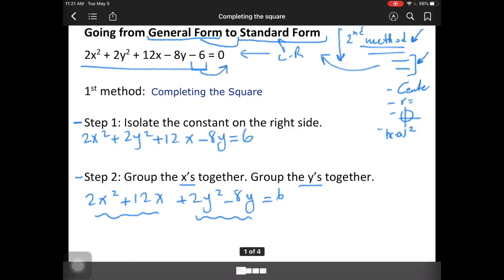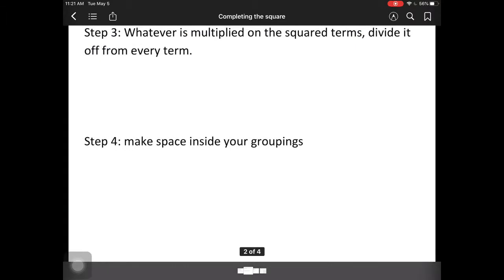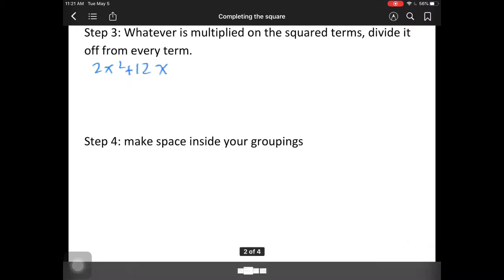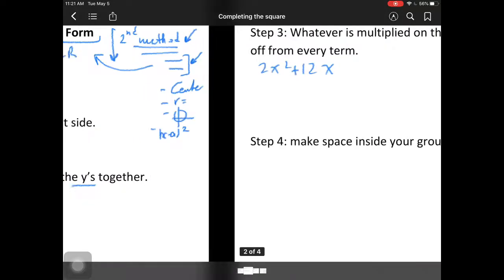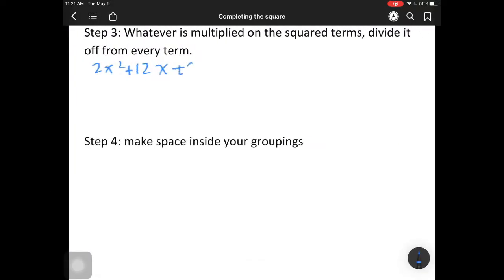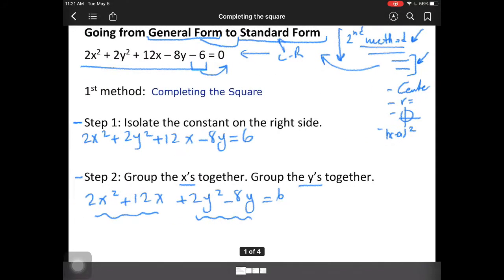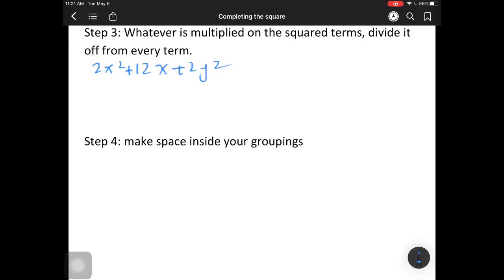Let's go to step 3: 2x squared plus 12x plus 2y squared minus 8y equals 6. If you find that I made a calculation mistake or a copying mistake, please make sure to tell me.